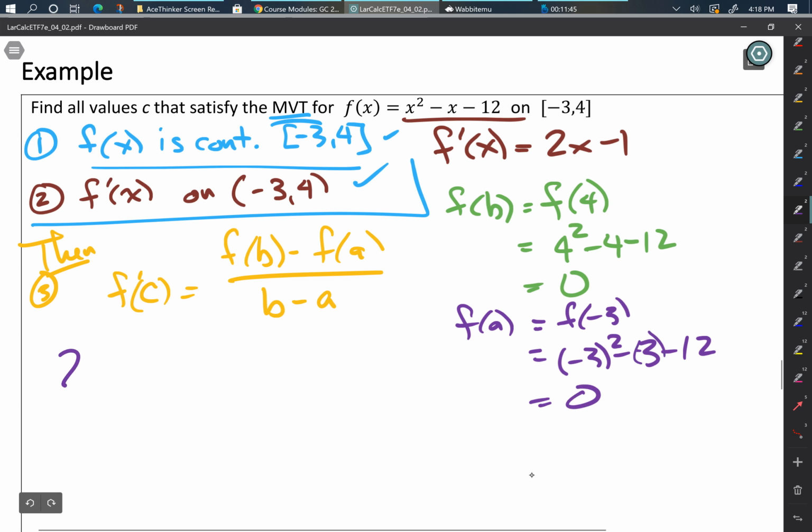You know what we're looking at here? We're looking at using the mean value theorem to prove that Rolle's theorem works.